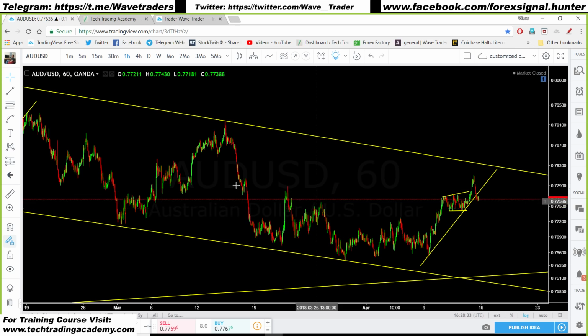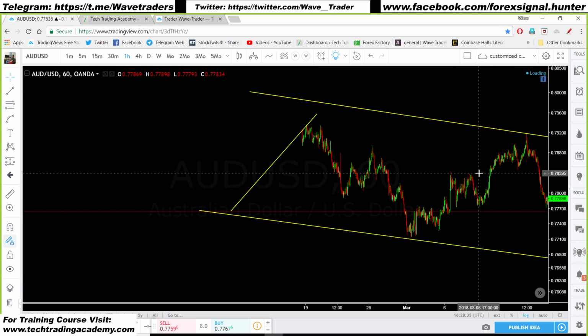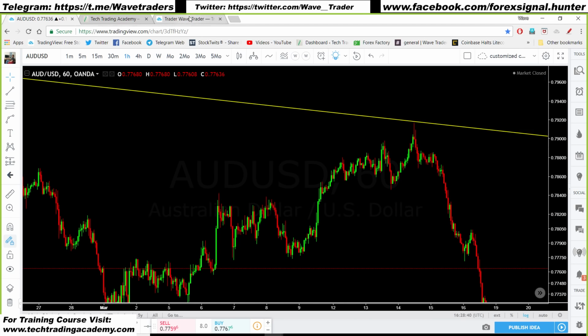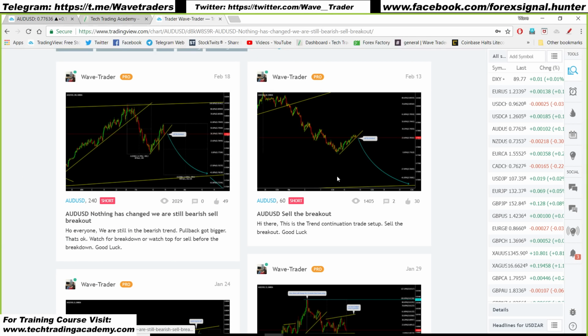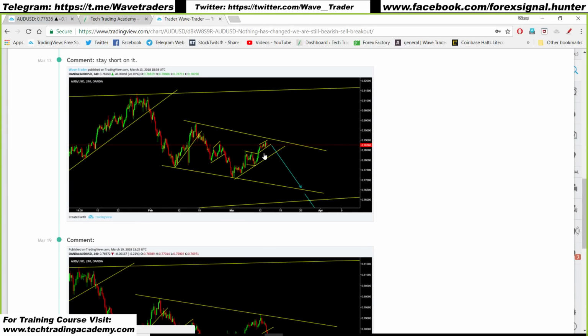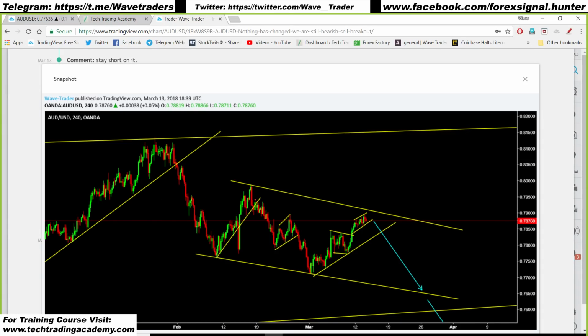Before that, let me show you what you need to look for. Last time when I posted that chart, this was a pattern telling us we were going to reverse from this area. But what was the reversal signal over there?